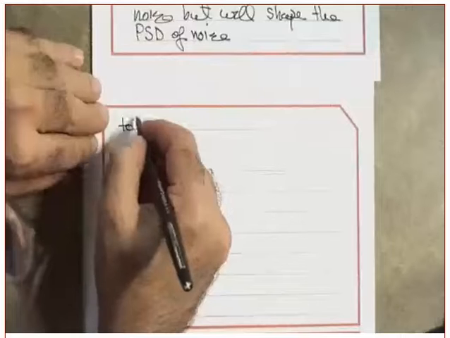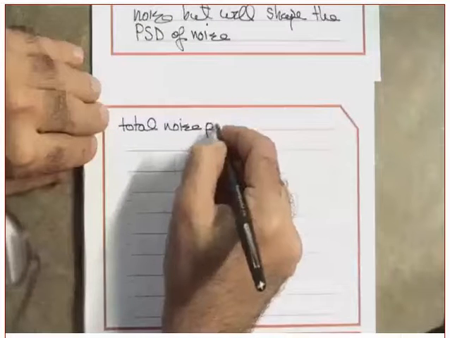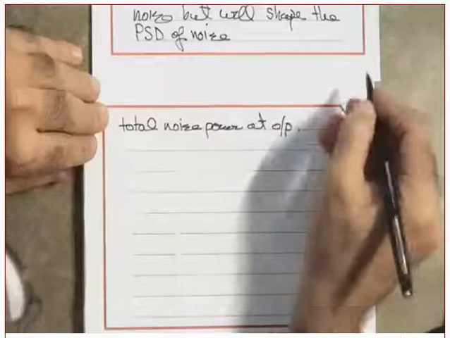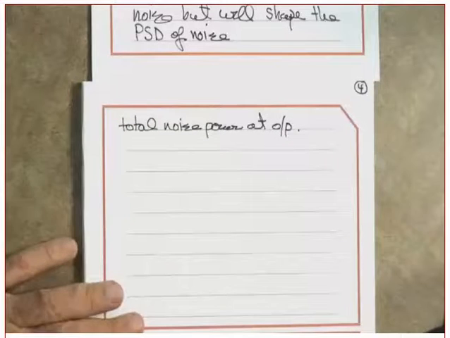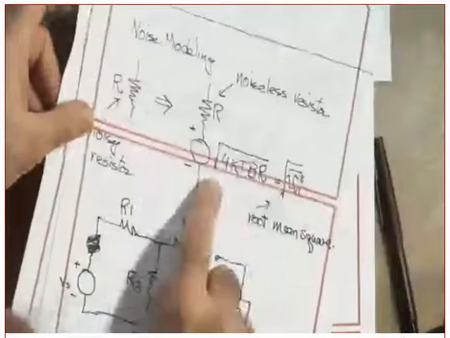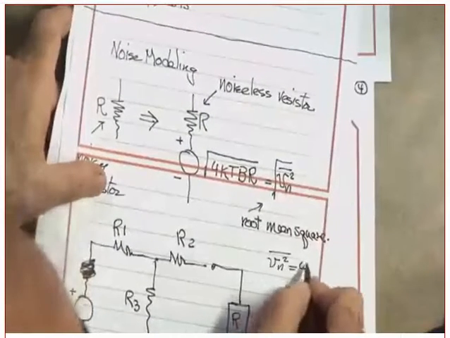Total noise power. Still waiting. What is going to change from this? This is the power, it's the 4kT, Vn is what?